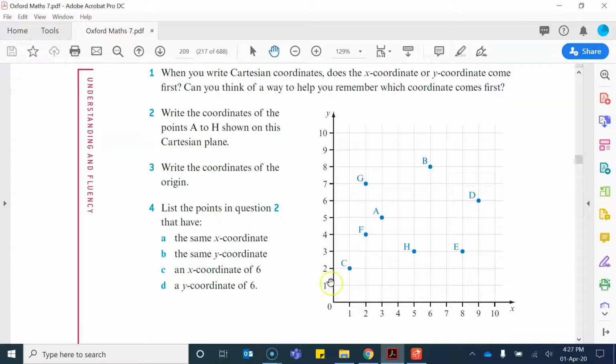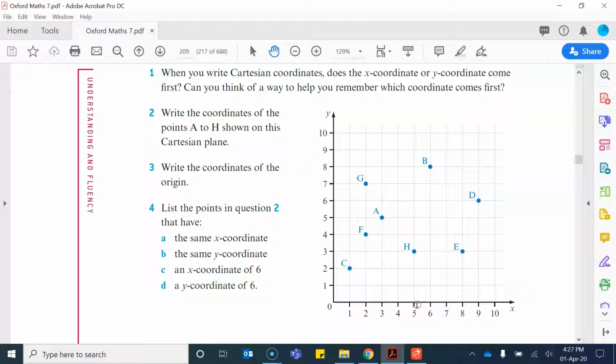If we were to write the coordinates of each of these points on this Cartesian plane, if I was looking at H, I'd be looking at the x direction first and then the y direction second. So the coordinates of H, because they're 1, 2, 3, 4, 5 across, the first value in our set of coordinates would be 5, and then the second value would be 3.